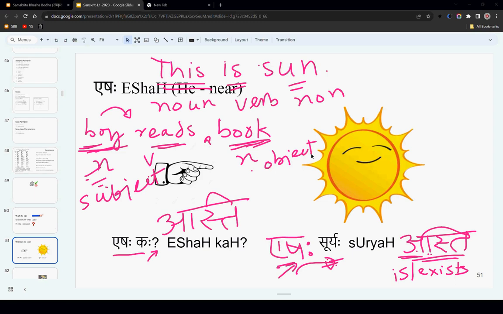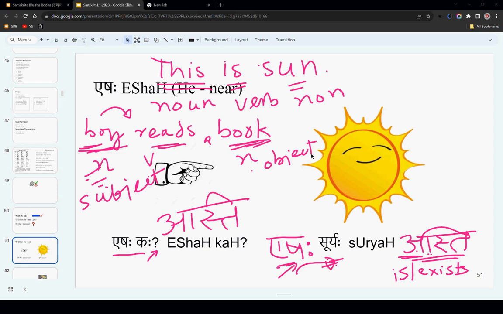So this is generally the order in a simple English sentence. But the relationship of different nouns with the verb also exists in Sanskritam. However, the order in which a sentence is formed generally in Sanskritam is like this.